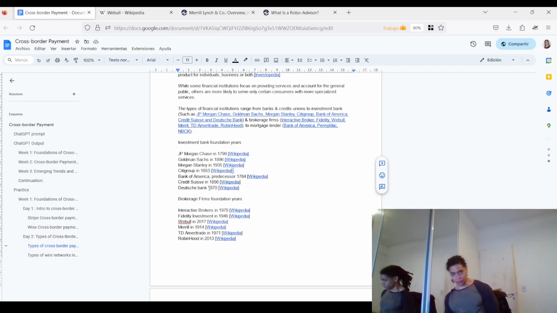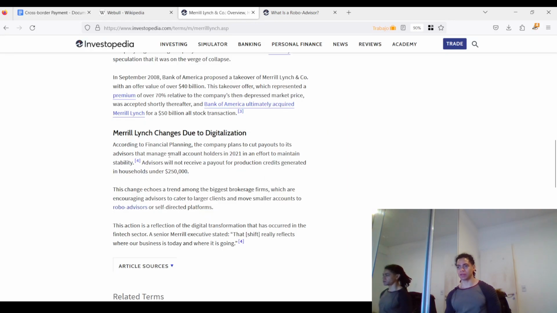And brokerage firms, so you have Interactive Brokers founded in 1978, Fidelity Investments in 1946, Webull in 2017, Merrill, which is now part of Bank of America, and they do not advise people or households under 250,000.